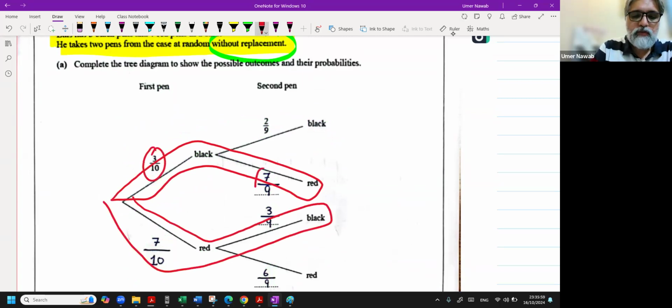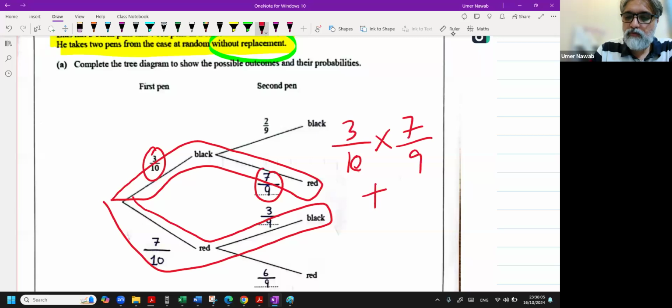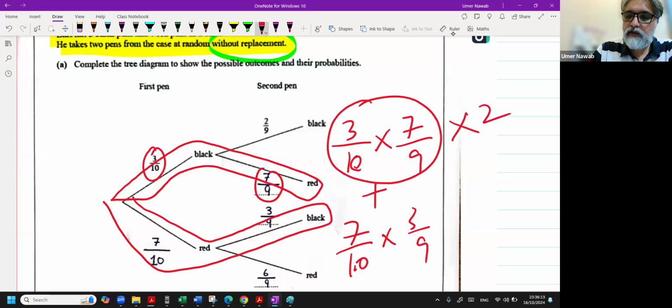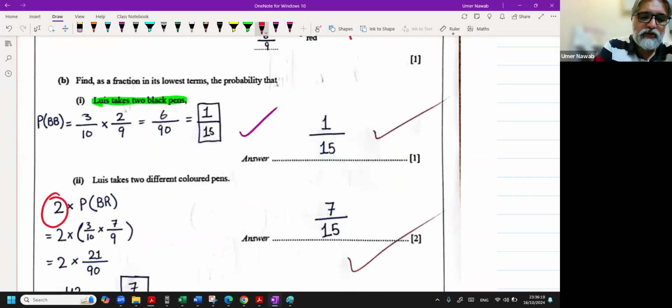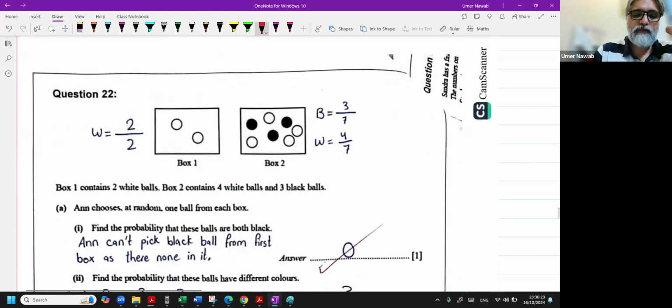So what I'm going to do, I will do 3 over 10 times 7 over 9 plus 7 over 10 times 3 over 9, or you can find this probability and multiply it by 2 because both are the same thing. That's why he multiplied here with 2. So the answer will come to you 7 over 15.